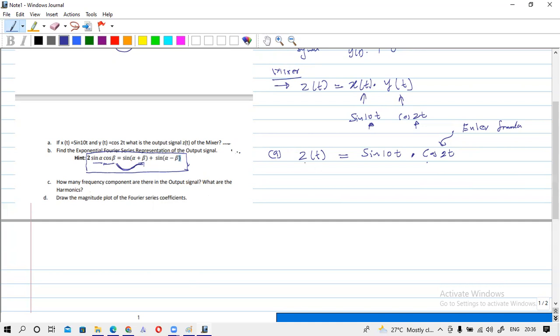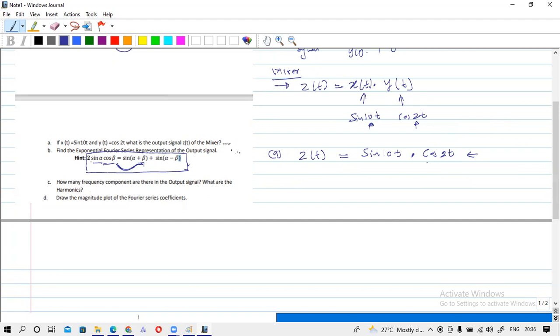That is the only help of this identity. So you can write this expression as a sum of two sinusoidal signals, so that you will get a composite signal. Let's see how we can do this.